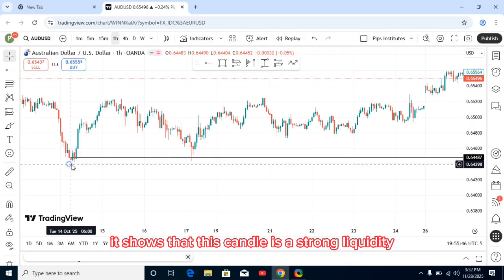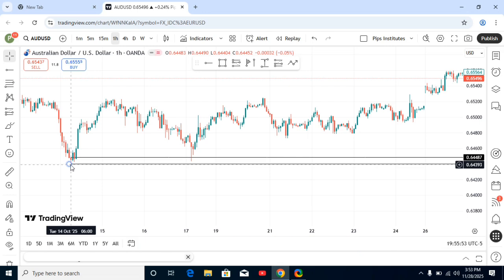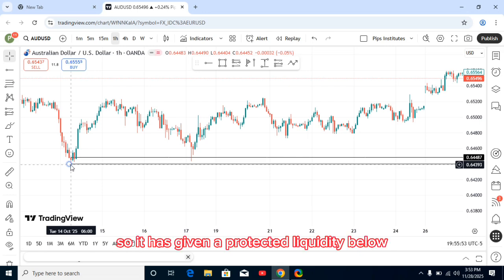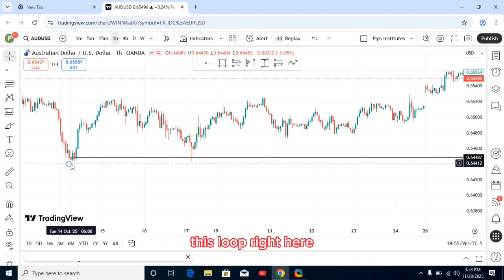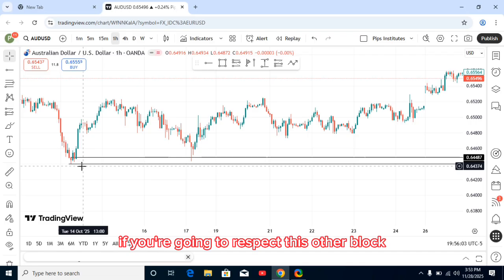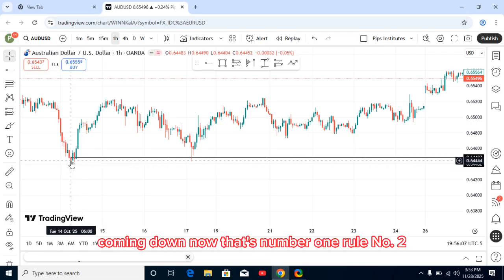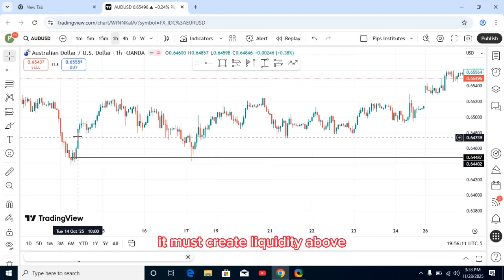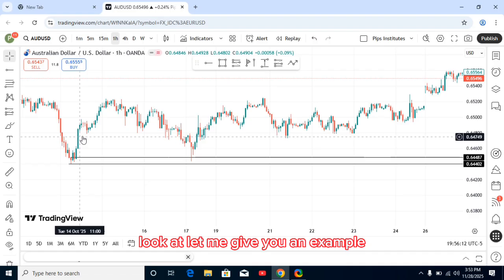It shows that this candle is a strong liquidity-grabbing candle, so it has given protected liquidity below this low right here. So the market does not have any business coming down if it's going to respect this order block. That's rule number one. Number two, it must create liquidity above. Let me give you an example.